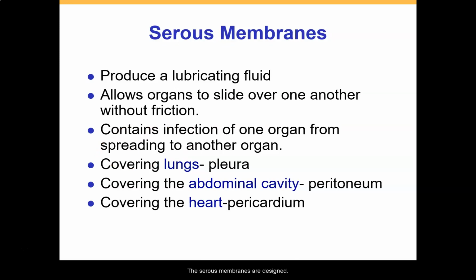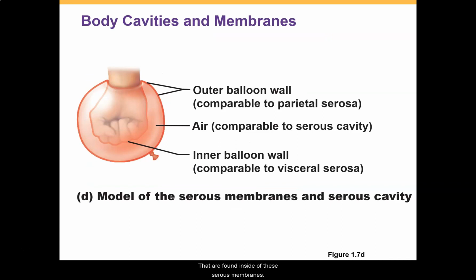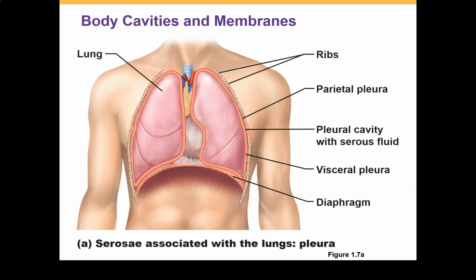So serous membranes are designed to protect organs that are found inside of these serous membranes in a similar fashion to pushing your fist into a balloon. Pretty cool, right? So for example, here we have the lungs that are pushed into the pleural membrane, outermost layer, parietal pleura.